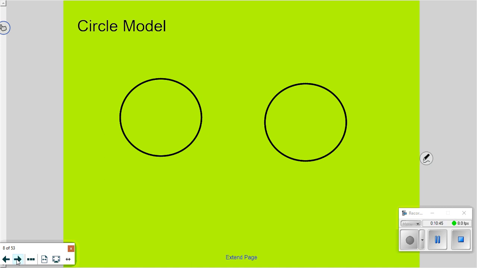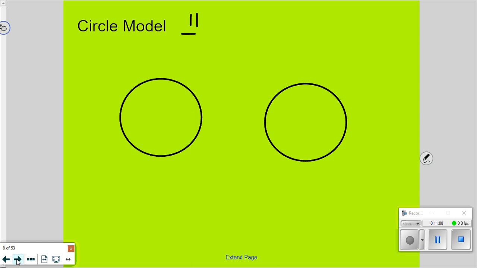Circle models make me feel like this. They are not my favorite models, mostly because we know that fraction pieces have to be equal, and it's hard to draw equal pieces on a circle. No, thank you.